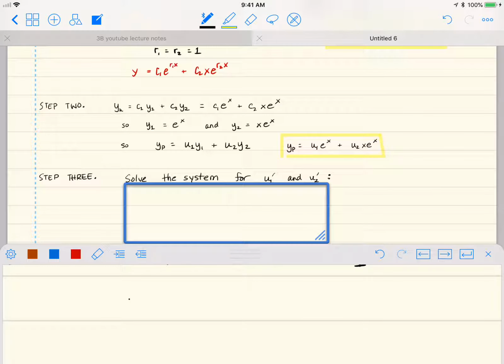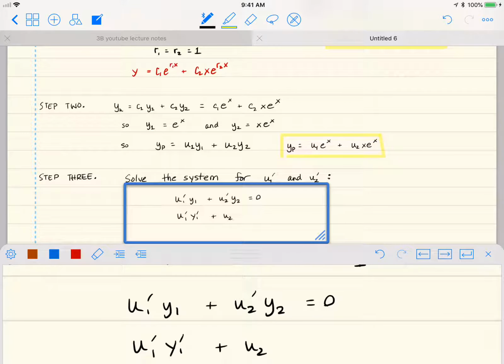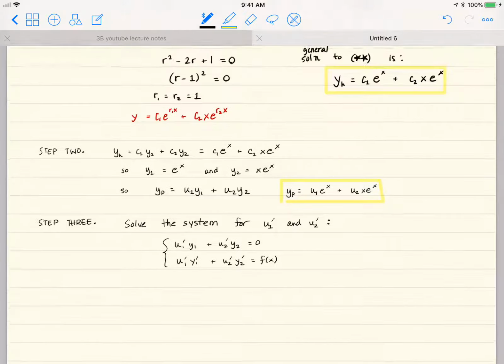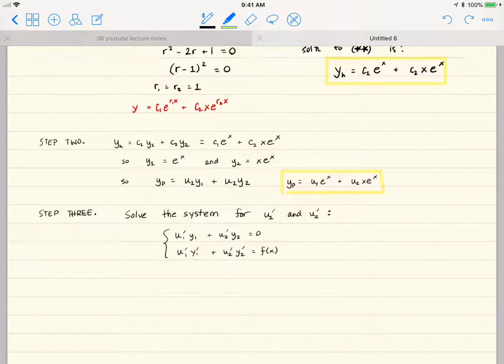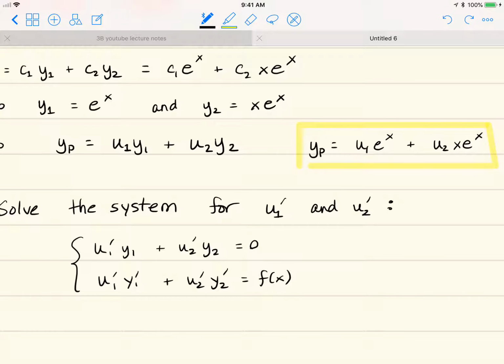Our system is u1 prime y1 plus u2 prime y2 equals 0, and u1 prime y1 prime plus u2 prime y2 prime equals f of x. Now, what is our f of x? Our f of x is going to be right here. It's going to be e to the x over 2x. So we can replace this with e to the x over 2x.